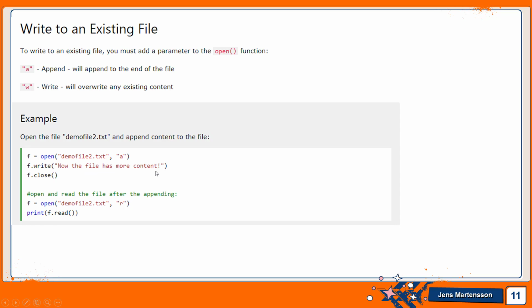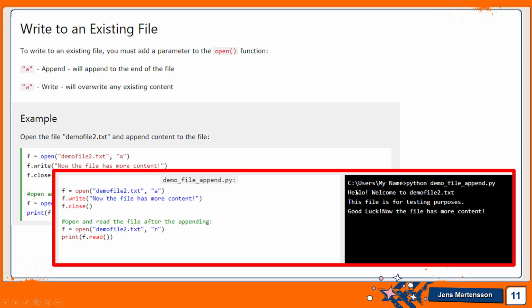Now the file has more content, and close. Then you can read the file after printing. This is the file as it was before, but now we add this statement. Now the file has more content at the end.